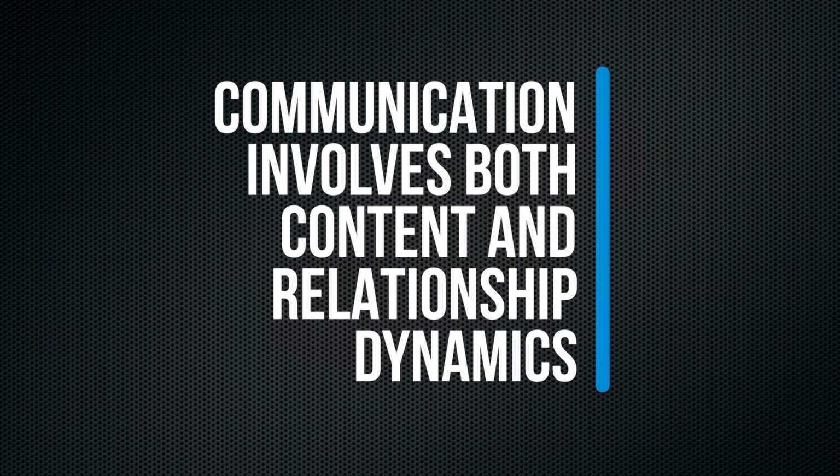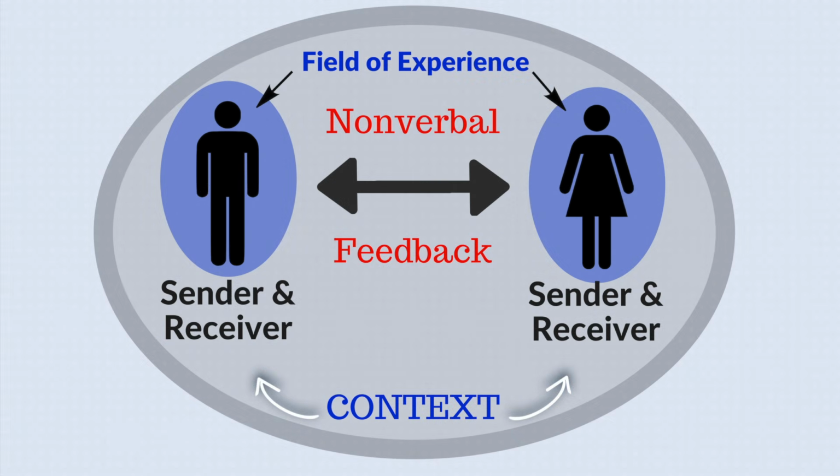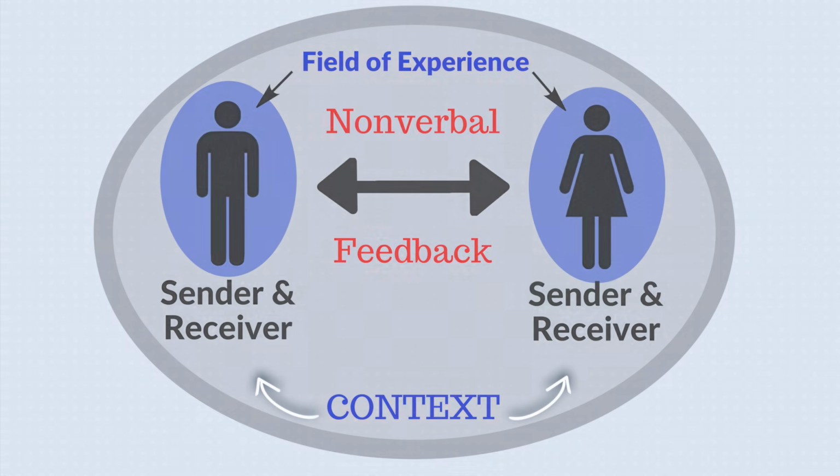We all see ourselves a certain way. We all see the other person a certain way. And so we can read between the lines. And it's not just the content. There's also that relationship dynamic that gets established. So most people agree that the transactional model of communication is much better at capturing the face-to-face realities of human relationships. And it makes up for a lot of the shortfalls of the Shannon and Weaver model.